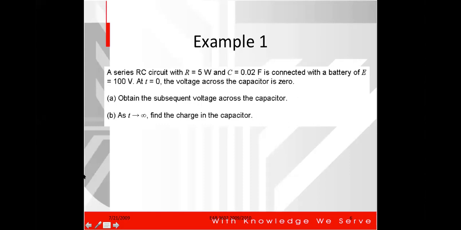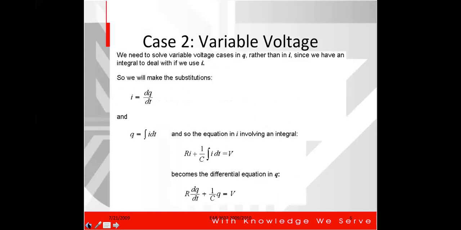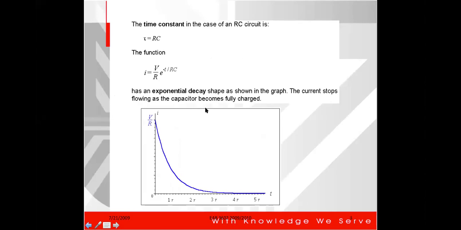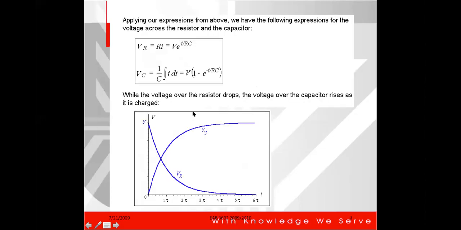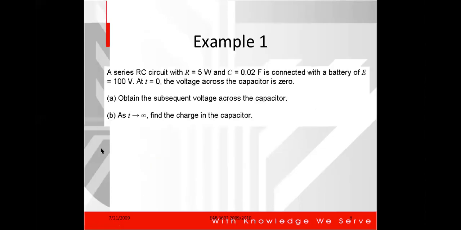So if you look back at the equation of VC untuk constant voltage, kan ni constant voltage. So the equation for VC adalah this one. Okay, so try to get this equation. And then B ditanya as T goes to infinity, find the charge in the capacitor. Okay. So what is the charge in the capacitor?